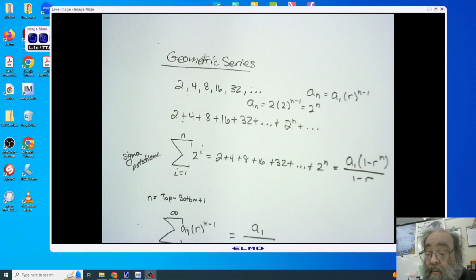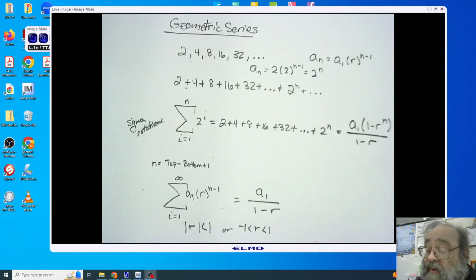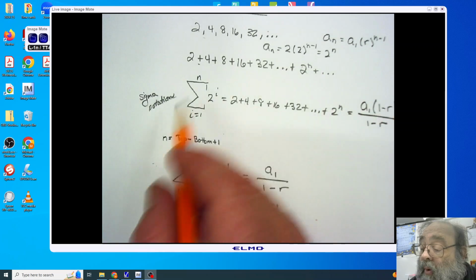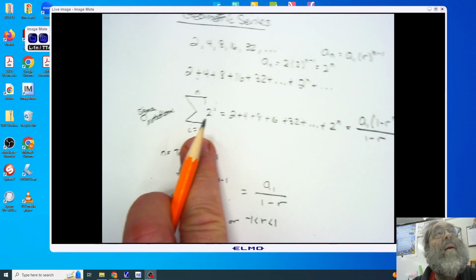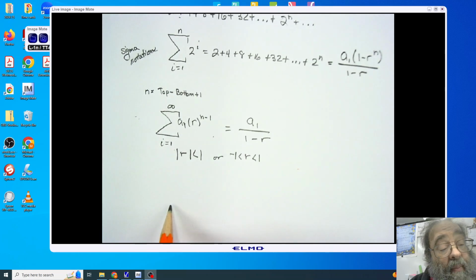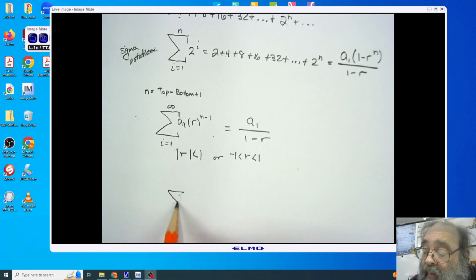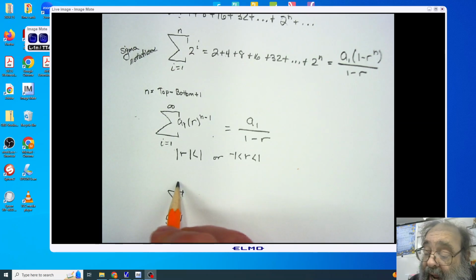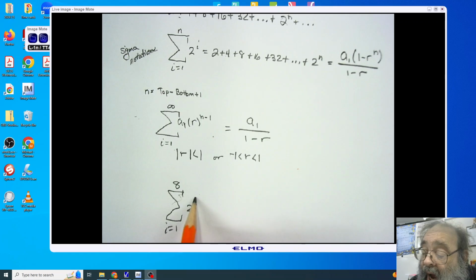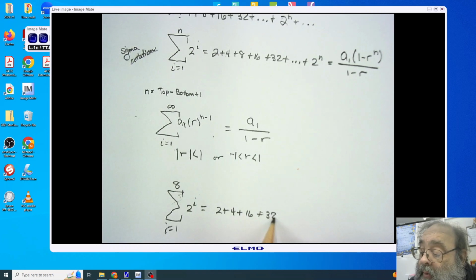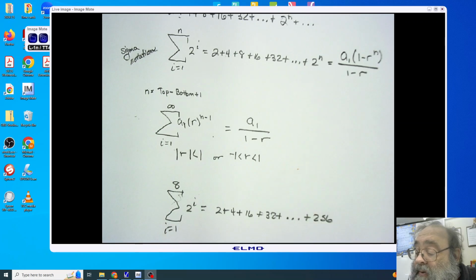Okay? Now, let's take a partial sum for a normal. Let's go back to this problem that we have right here. And we're going to find a partial sum. We're going to find the sum starting from 1 to 8 of 2 to the i power, which would be 2 plus 4 plus 8 plus 16 plus 32 all the way up to 2 to the 8th power, which is 256.